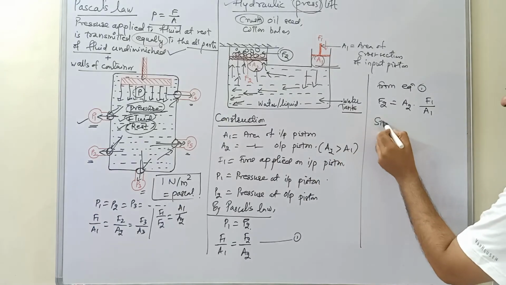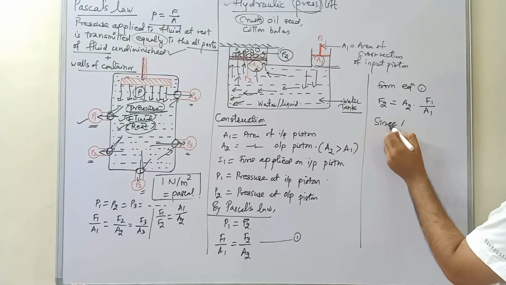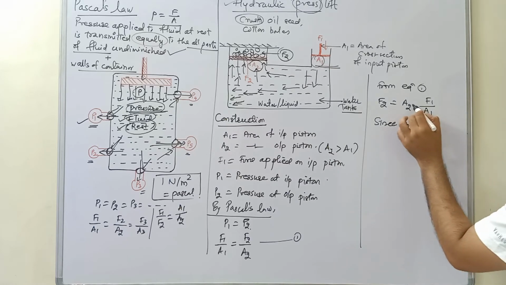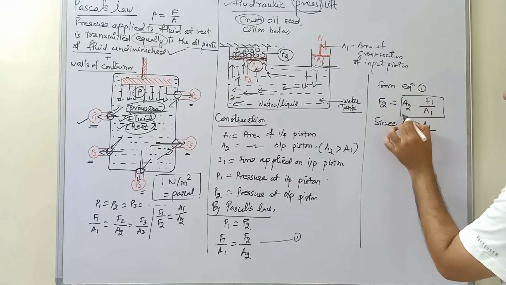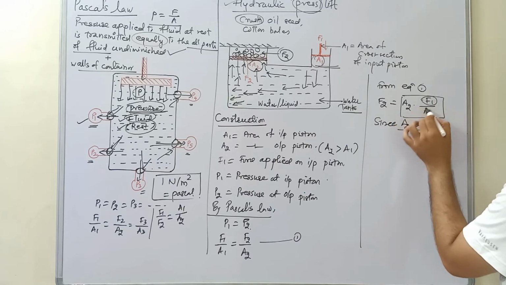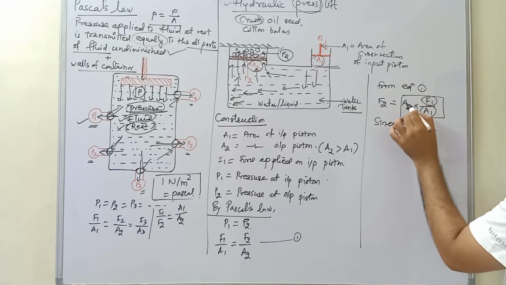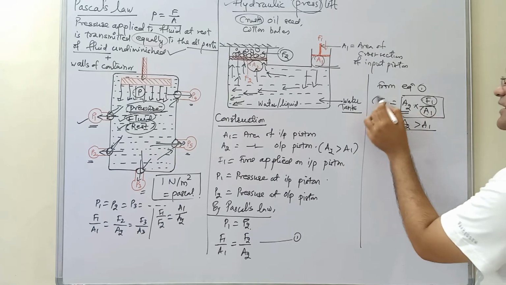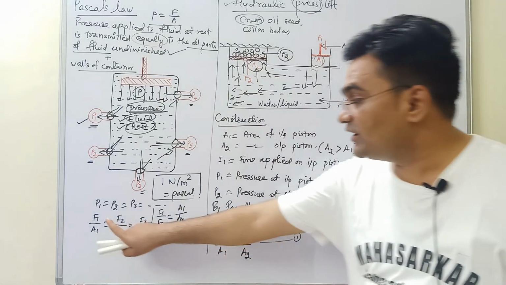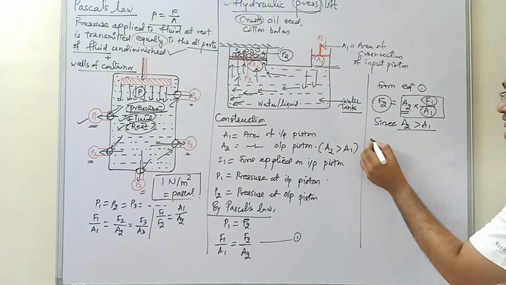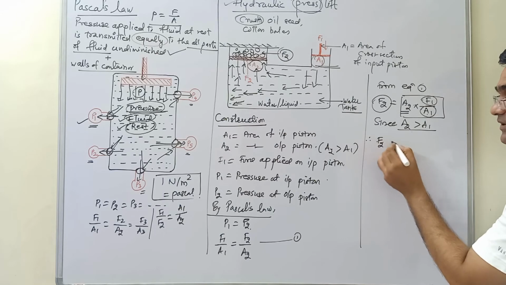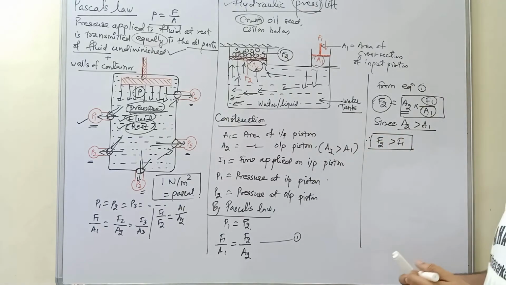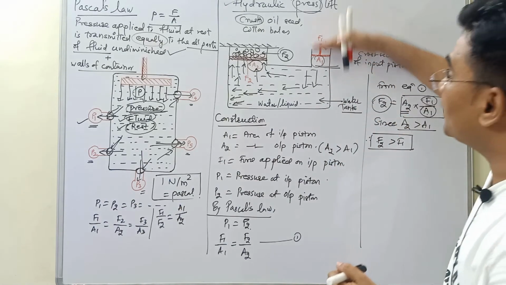So since A2 is greater than A1, the value A2 upon A1 will be more than 1. If it is more than 1, then F2 will be more than F1. Therefore F2 is greater than F1.